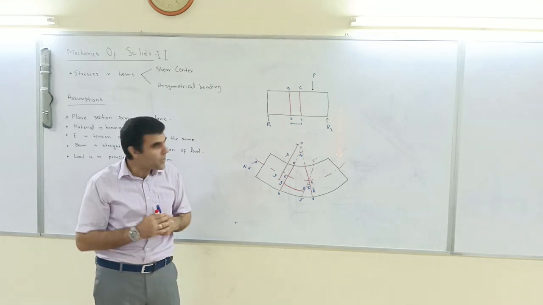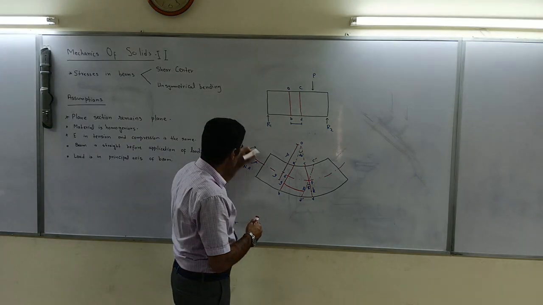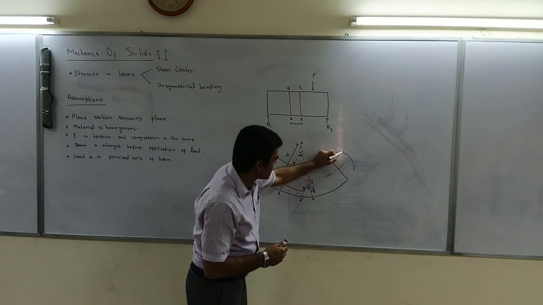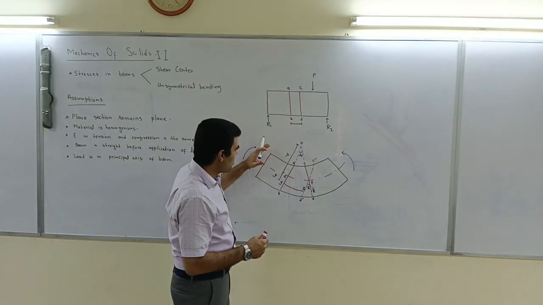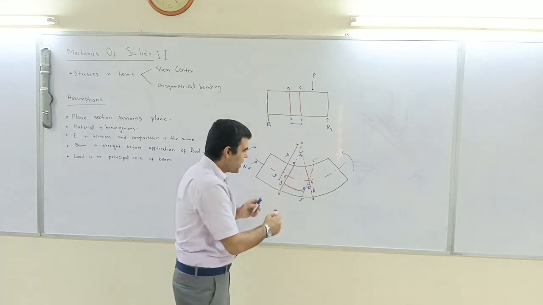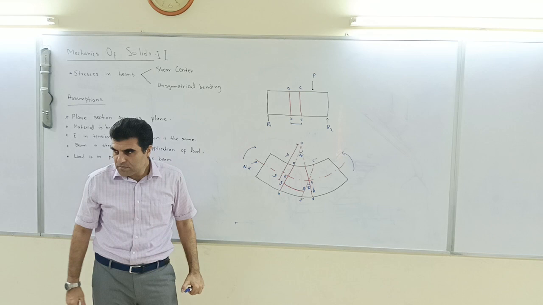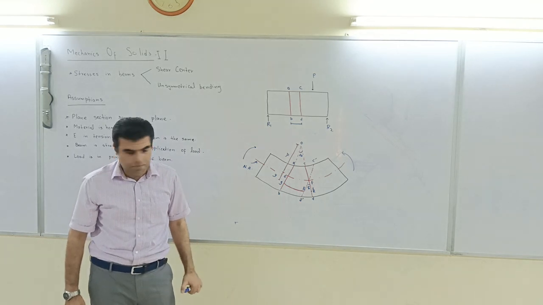In other words, a moment applied over here will cause AC to come closer and BD to go further. That's what's going to happen.